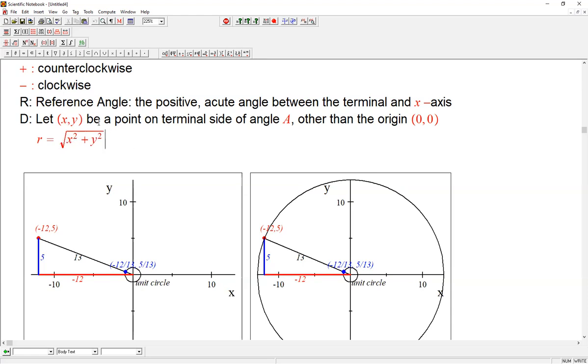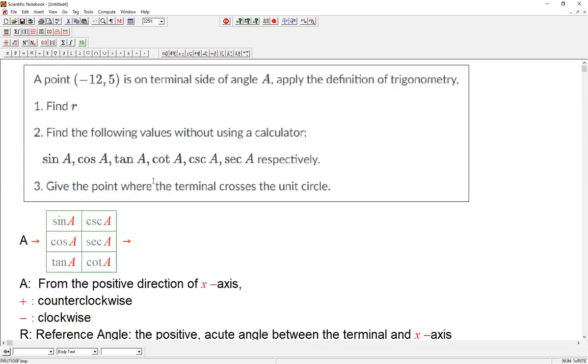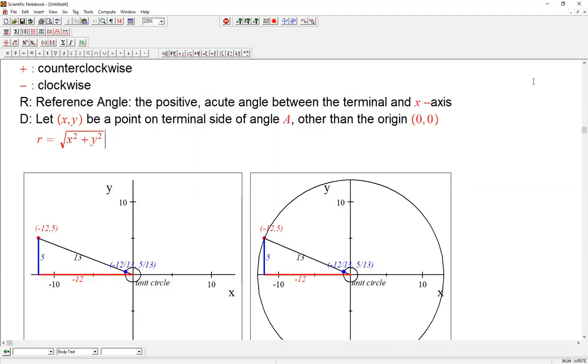We have 3 numbers as a result of these assumptions. Look at the question you were given: -12, 5, where -12 is the X and the Y is 5. Once you have X, Y, you can find R. R is defined that way.